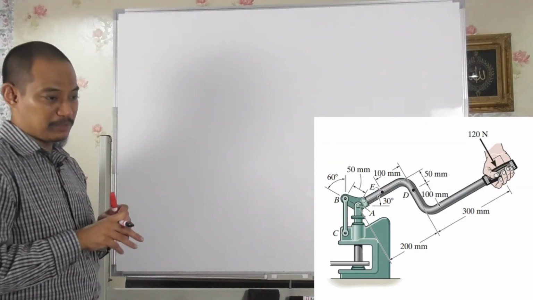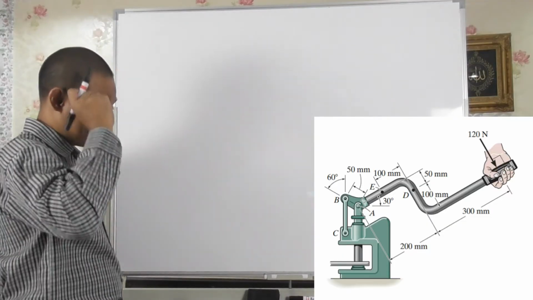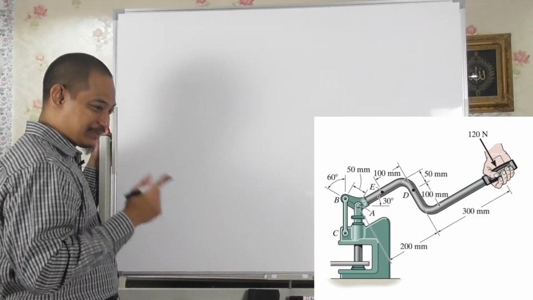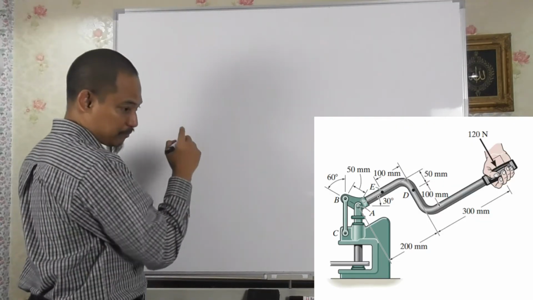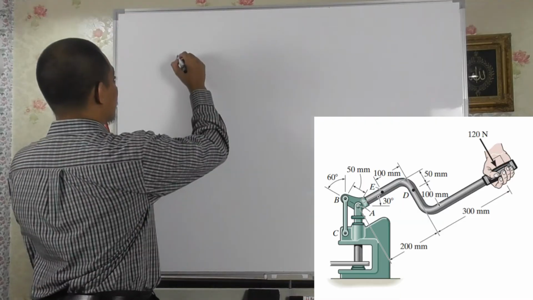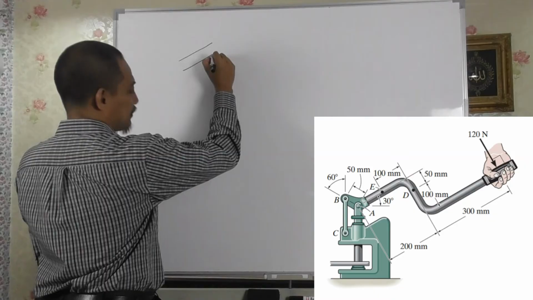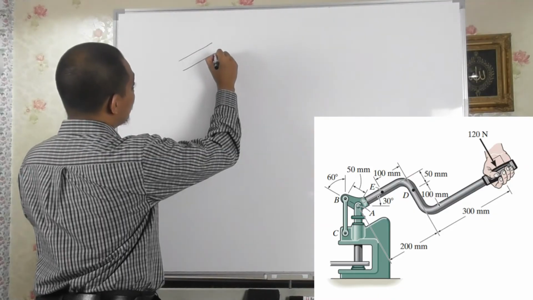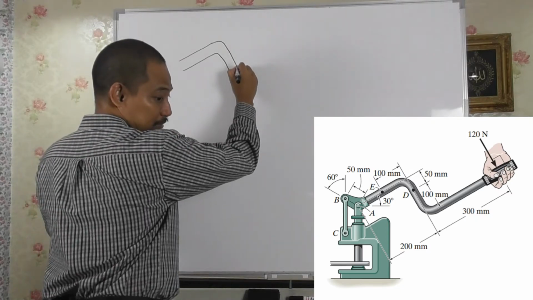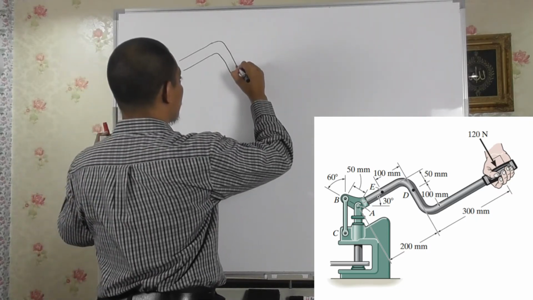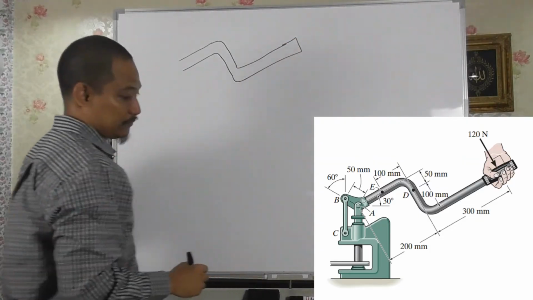the free body diagram will be on the handle throughout. So basically, this one is interesting to draw. If I start at point A, it is something like this, 30 degrees, and then it goes down perpendicular there, and then it goes back up like this to the handle there.